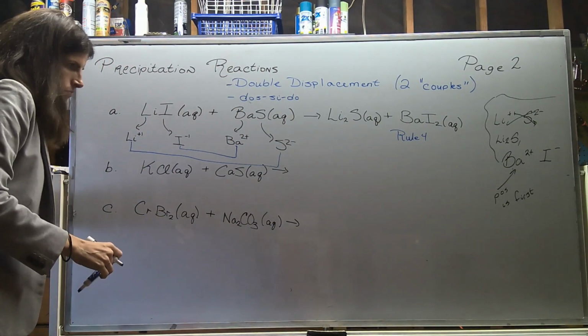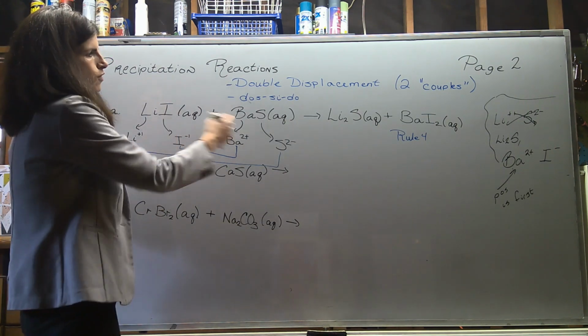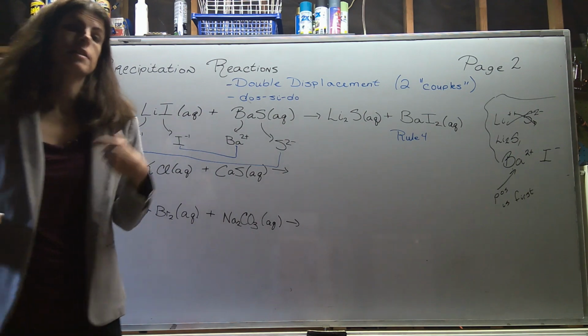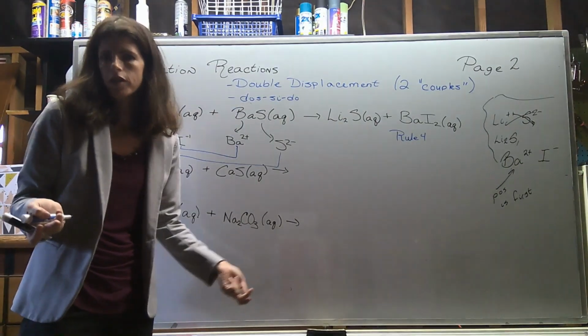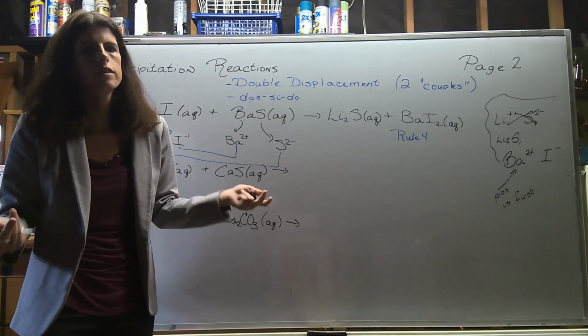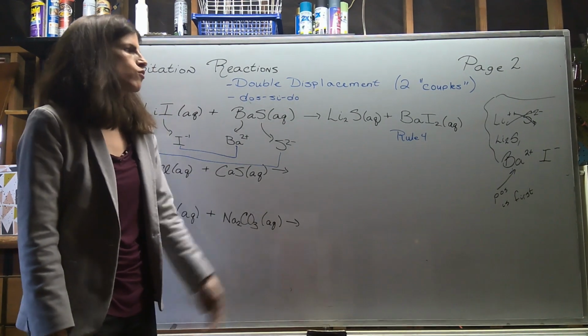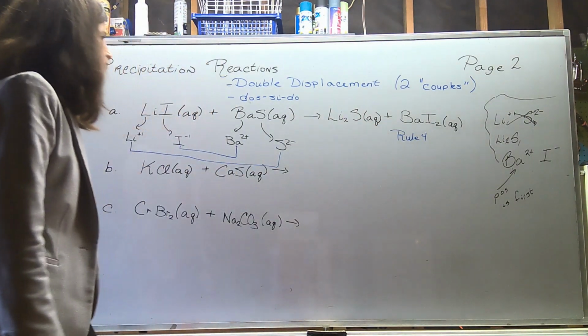What does this mean? This means that nobody formed a solid. So if you're in the lab and you mix these things up, it looks like nothing happened. It's actually really, really boring. You mix a solution that looks like water and you mix another solution that looks like water and nothing. You're like, what did I do wrong? You didn't do anything wrong. It's just that they didn't want to form a solid.